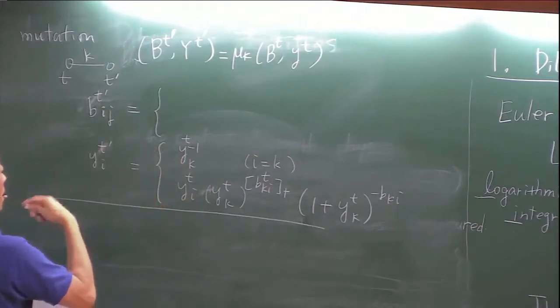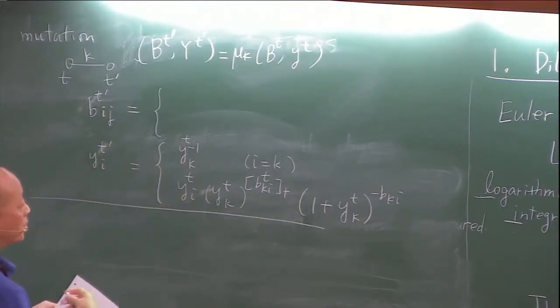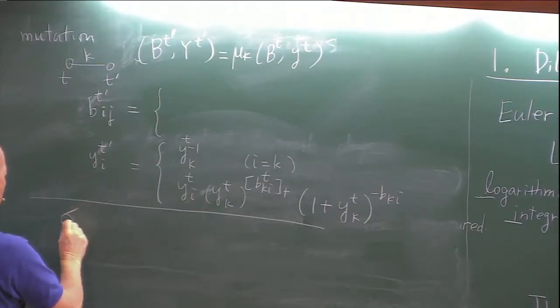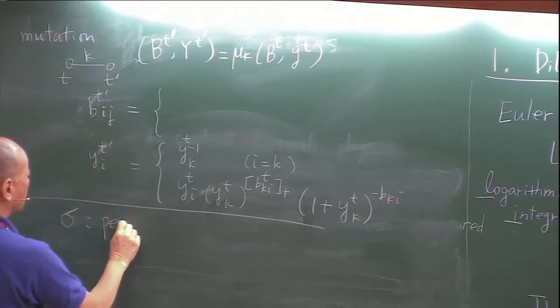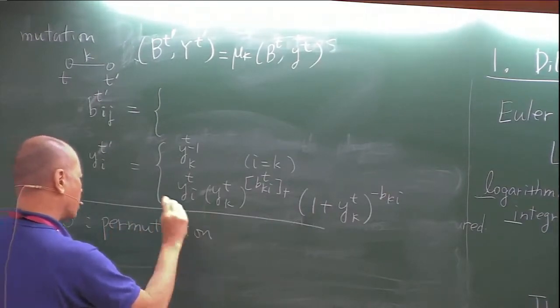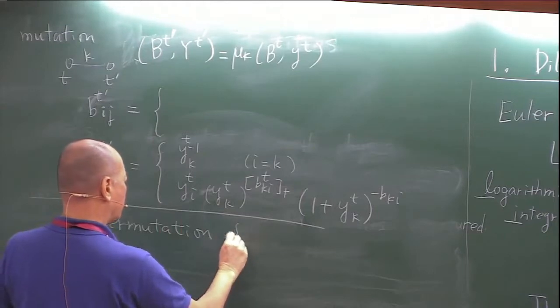Then I recall the following, because I want to formulate my dilogarithm identity using sigma periodicity. So I recall what sigma is: it is a permutation of 1 to n.